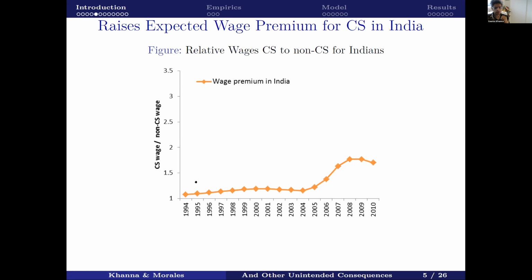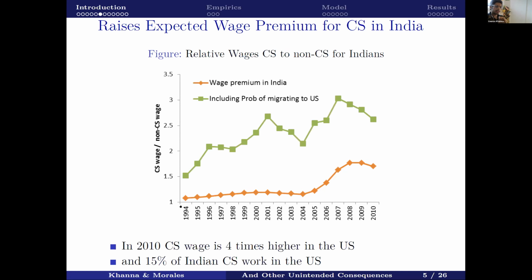But if you took into account the probability that you could win this very lucrative H-1B visa, migrate to the US, work in Silicon Valley, and earn a wage somewhere between 4 and 6 times higher, or 400 to 600% higher than the computer science wage you would earn in India, the wage returns to becoming a computer scientist were actually a lot higher.